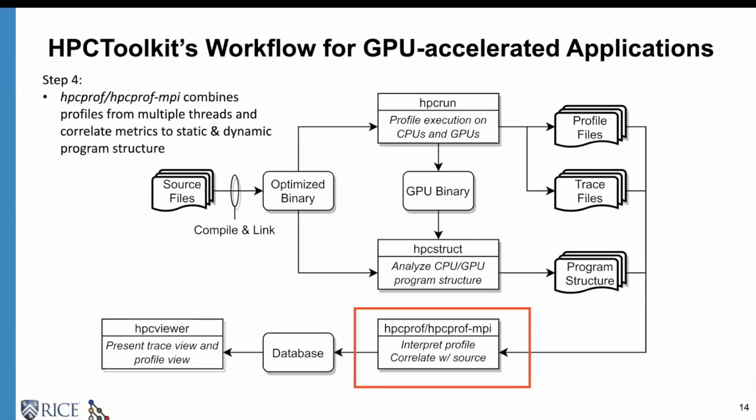So then the third step is using HPCProf. That will take the profiles and the traces that are in the measurement directory and the program structure, which has also been, when you analyze with HPCStruct, it also puts the results in the measurement directory. And so you just apply HPCProf to the measurement directory, and it combines the profiles, traces, and the program structure to give you your resulting database.